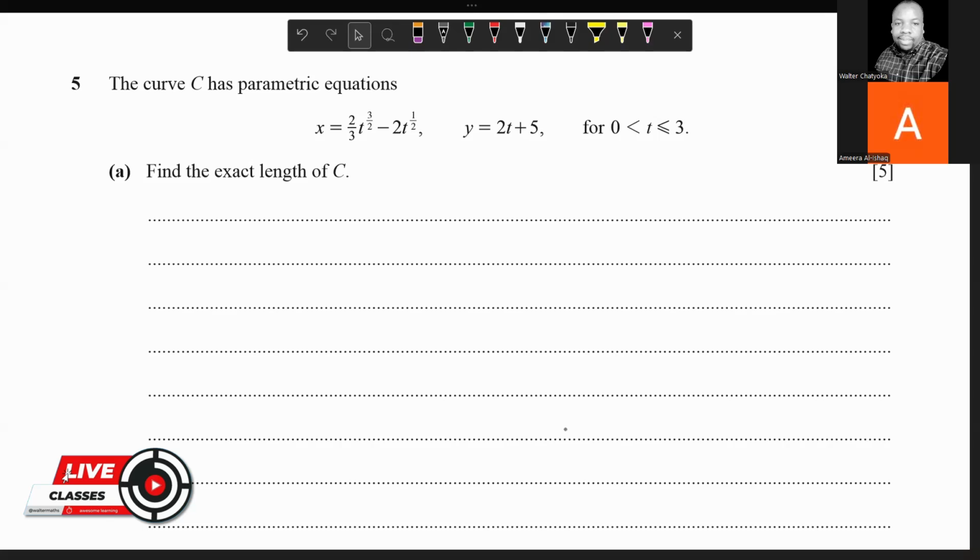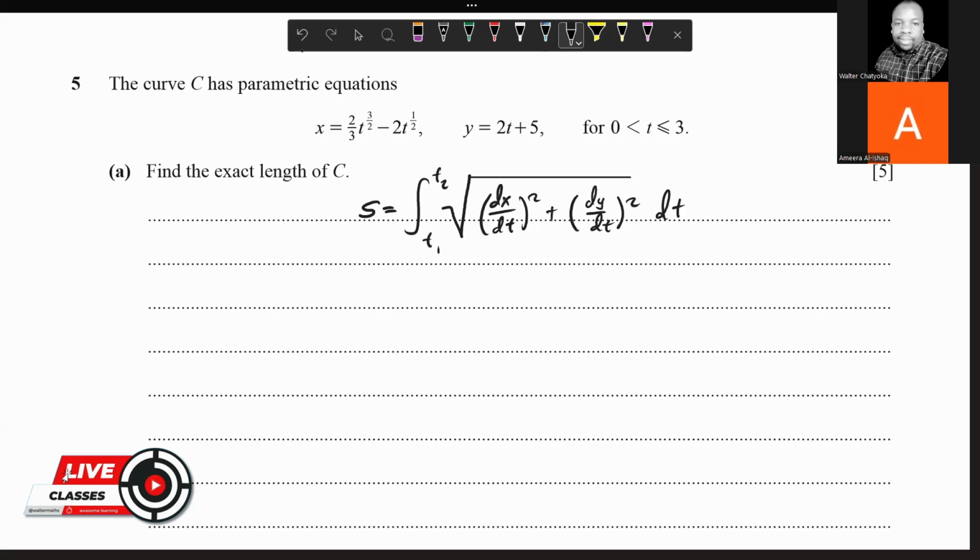So we know that when a curve has been defined parametrically and we want to find the length of an arc or length of the curve, we are going to make use of the fact that S, which is the length, is equal to the integral from t1 to t2 of the square root of dx by dt squared plus dy by dt squared, with respect to t.